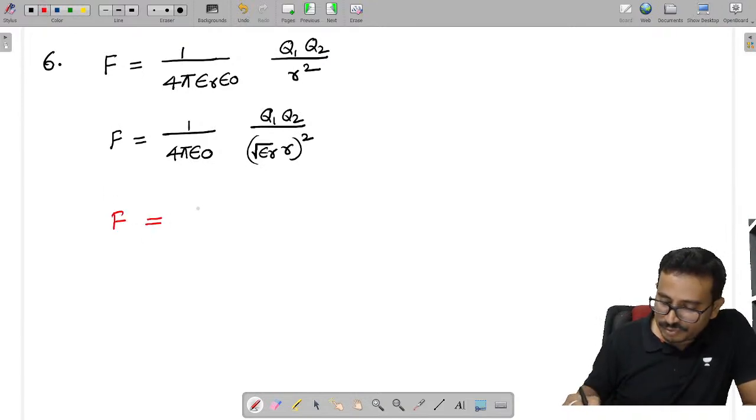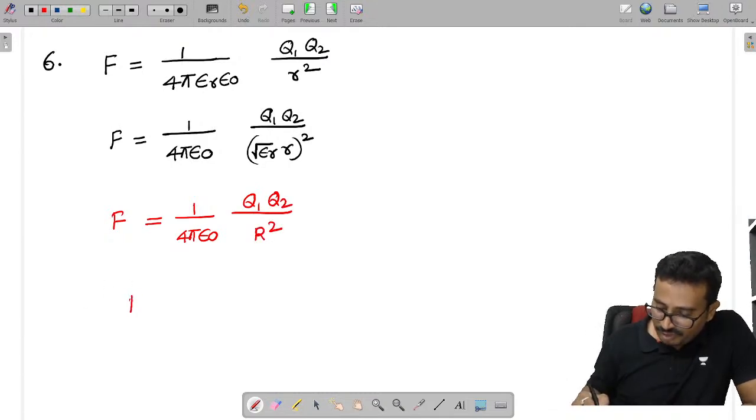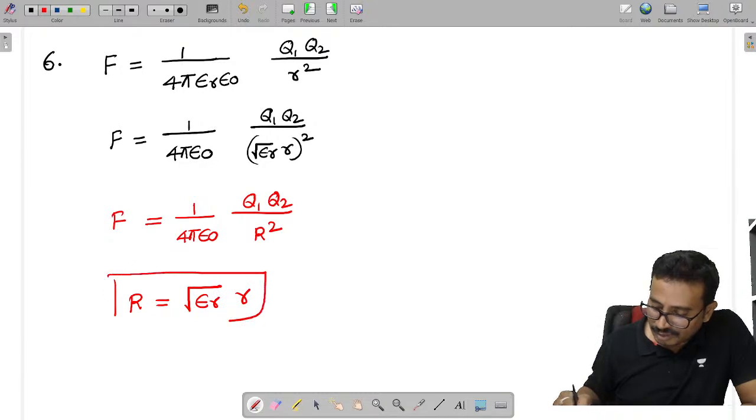Now this force I am writing as 1 by 4 pi epsilon naught into Q1 Q2 by capital R square, where capital R is square root of epsilon r into r.